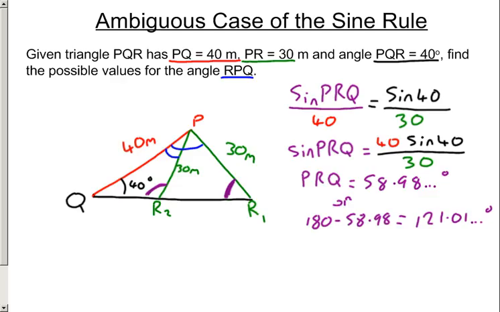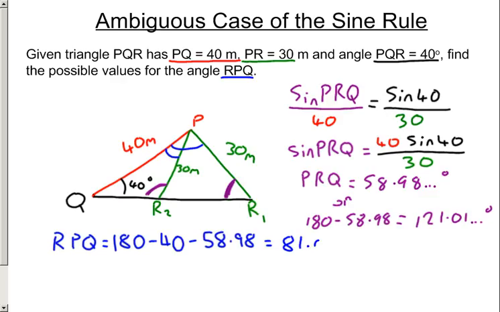If we're using R1, if we're doing the big triangle, then we've got to do the angle at RPQ is equal to, well, we can use the triangle now, 180 minus 40 minus the angle at R1, which is 58.98. And that one gives us an answer of 81.0 degrees.